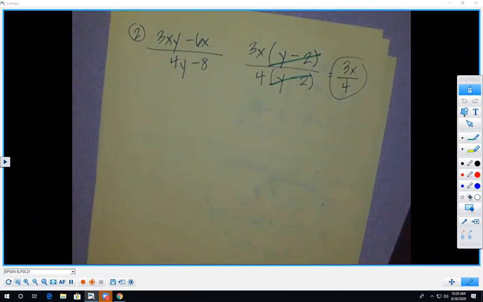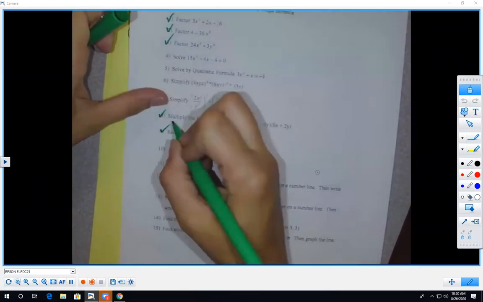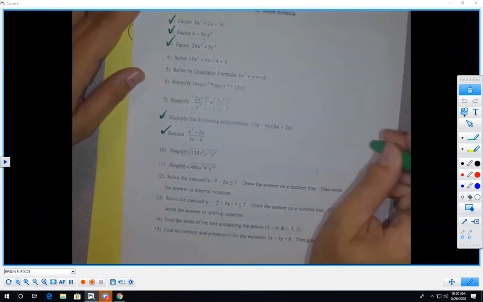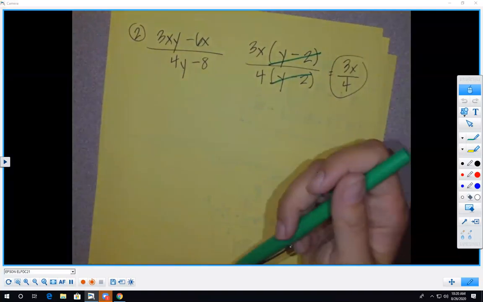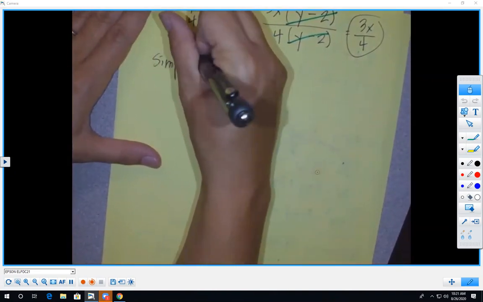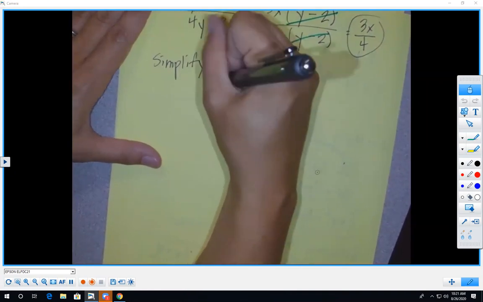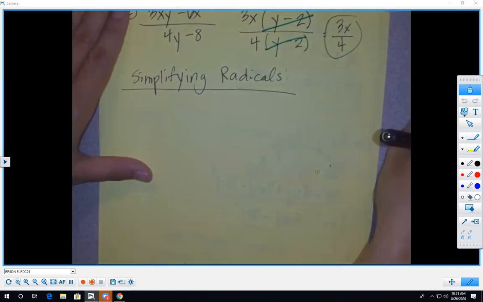Okay, so now we've covered number 9. Next, let's do 10 and 11, simplifying radicals.